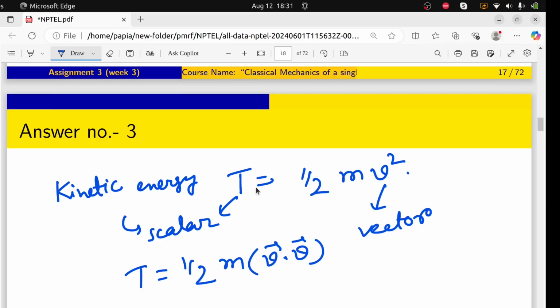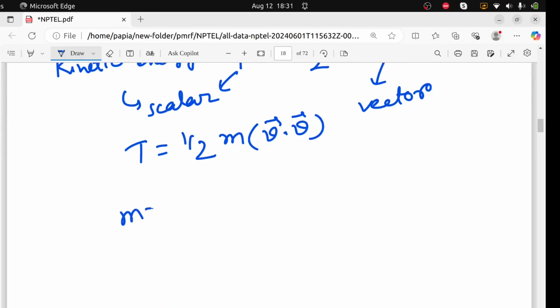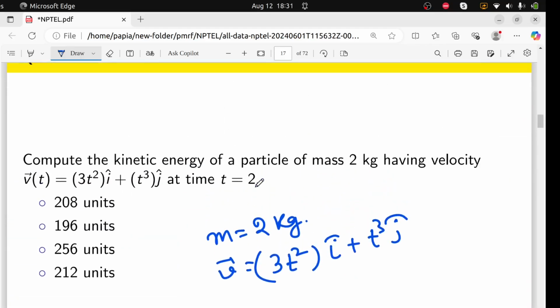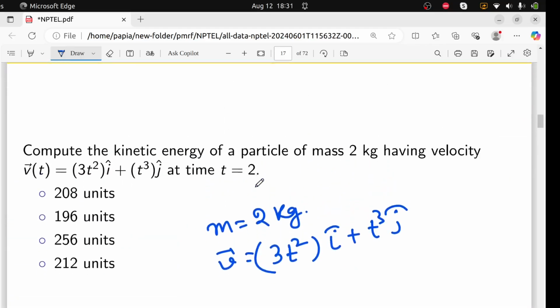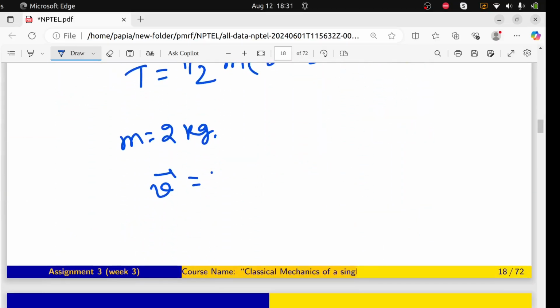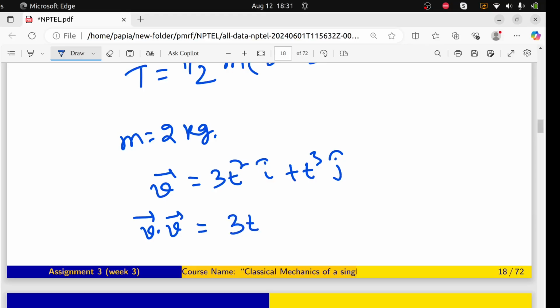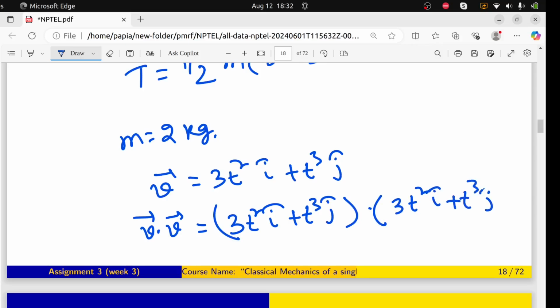Here m is given as 2 kg and the v vector is given. So v vector is 3t square I cap plus t cube j cap. So I can write v vector dot v vector as (3t square I cap plus t cube j cap) dot product (3t square I cap plus t cube j cap).